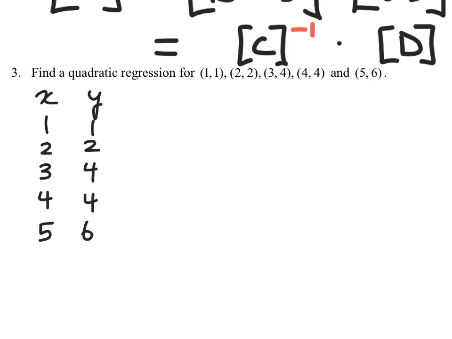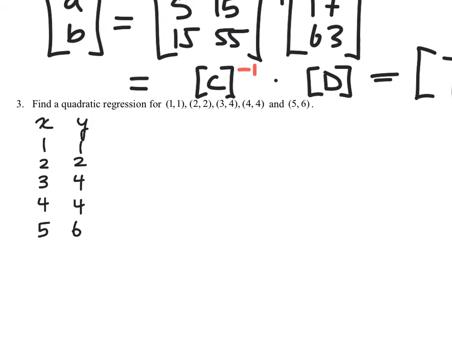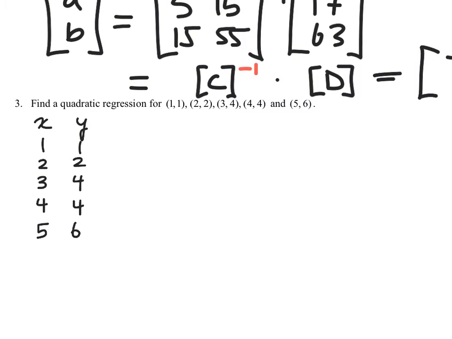So what we want to do is transform this into a linear relationship from what would be a quadratic relationship. We're going to manipulate these y values before we even get started.